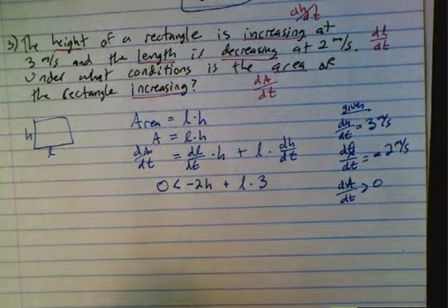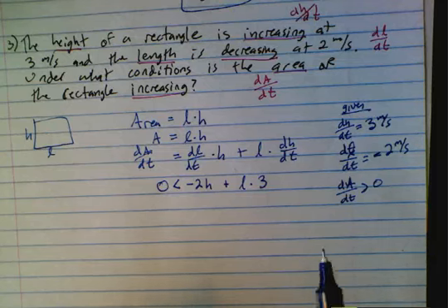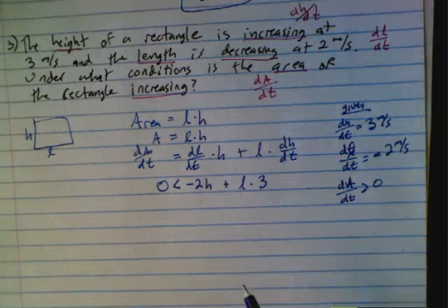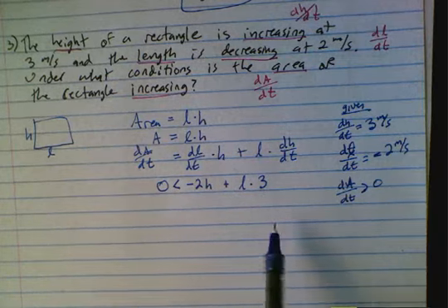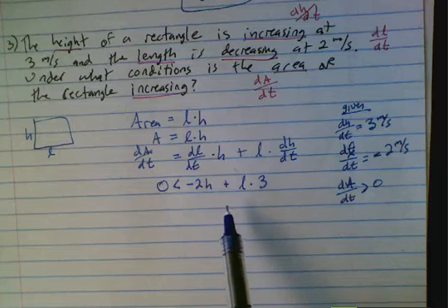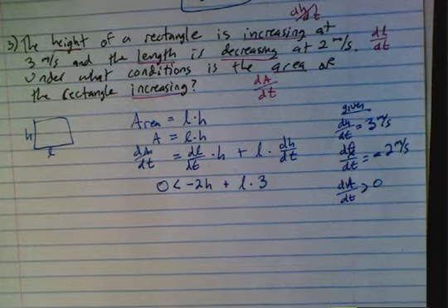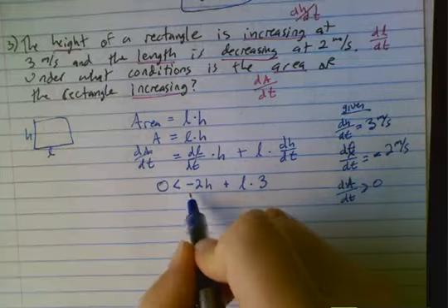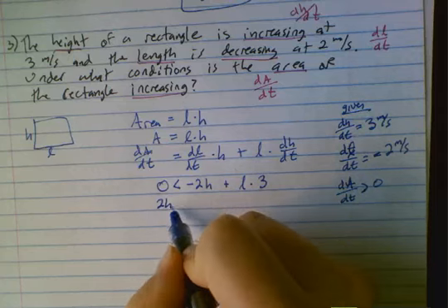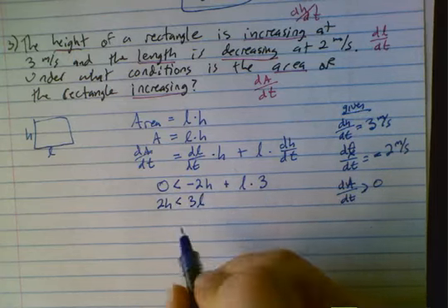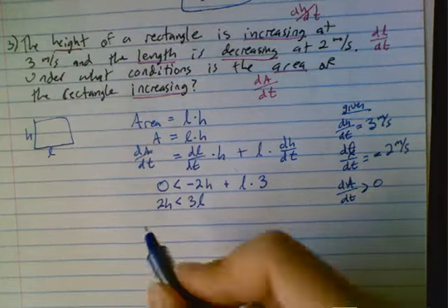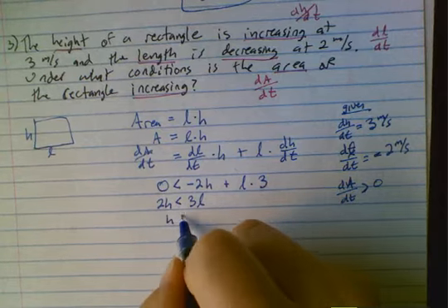So now, if we want to figure out under what conditions the area of the rectangle is increasing, all we basically have to do is solve for one of these variables. We aren't going to be able to get these variables worked out any further and define actual numbers, but what this is basically saying is that for a certain relationship between h and L, if that relationship is true, then the area of the rectangle is increasing. So let's add 2h to both sides. We can divide either way. Let's go ahead and divide both sides by 2.